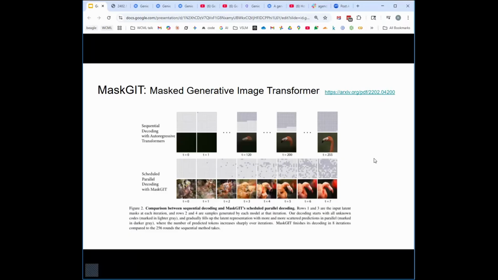Yeah. So then there's the VAR paper from December this year. I don't know if Google's using that, where they said, let's start with a low-res image and then gradually go higher and higher resolution. That's a way that has very few steps, but very clear conditional relationships.